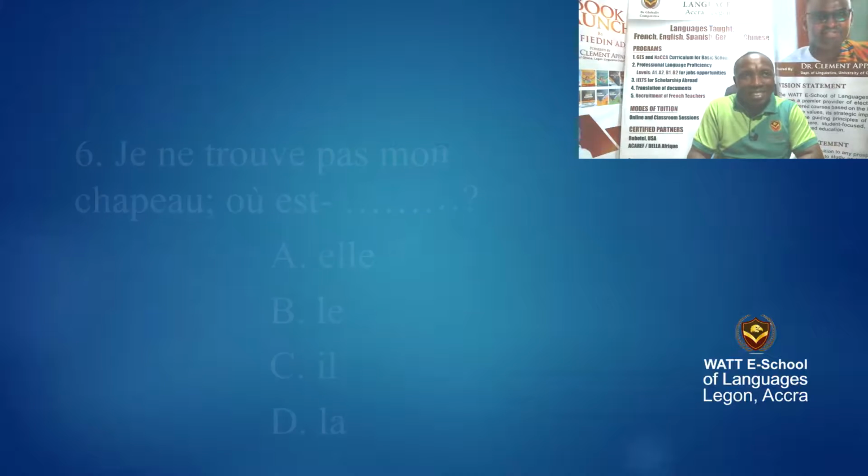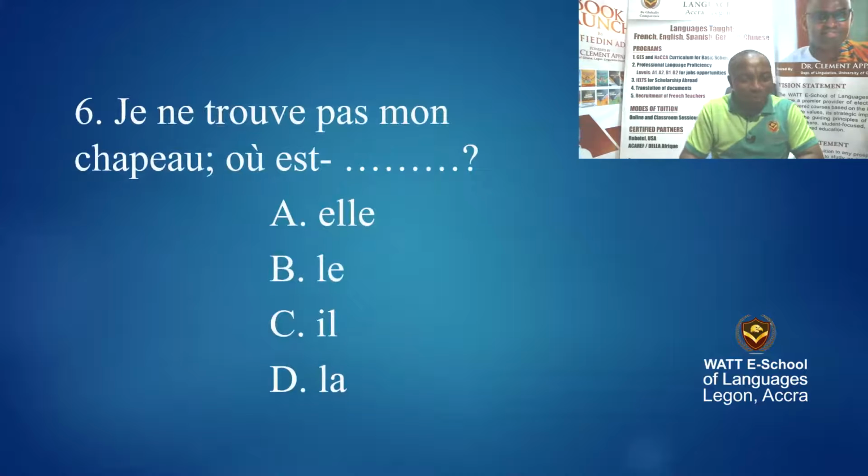Let's go to 6. This class is interesting today. You shall see. I'll get you on the way. Je ne trouve pas mon chapeau. Où est? We are asking a question here. I can't find my cap. Where is? We are no more repeating the word chapeau or cap, but we are bringing a pronoun to replace it. Chapeau here is masculine singular, because you say mon, the possessive adjective mon, my. So where is it?